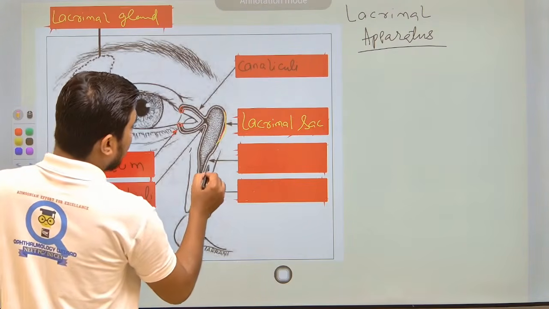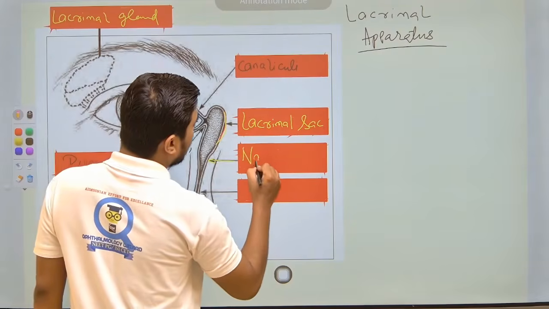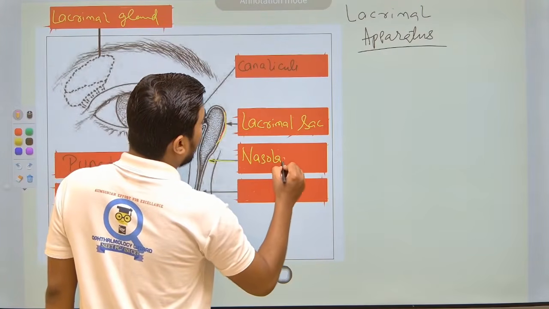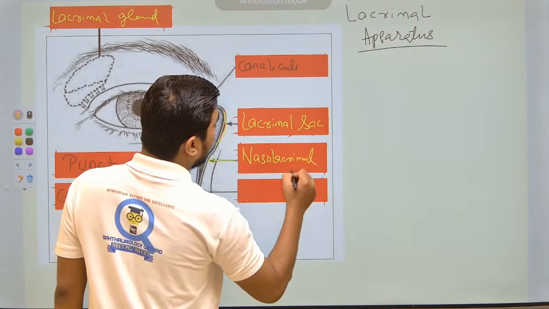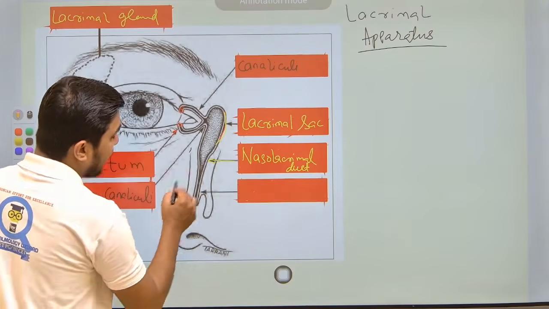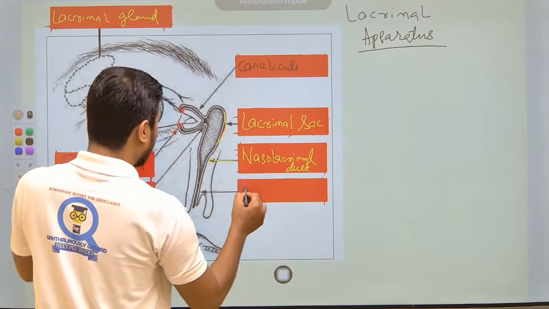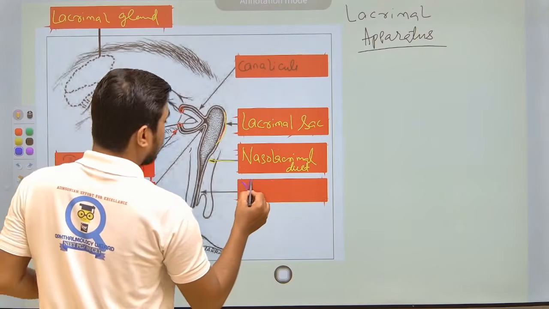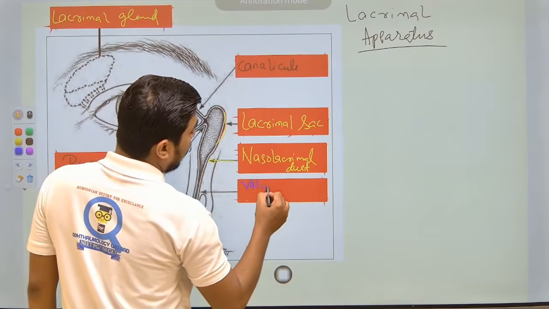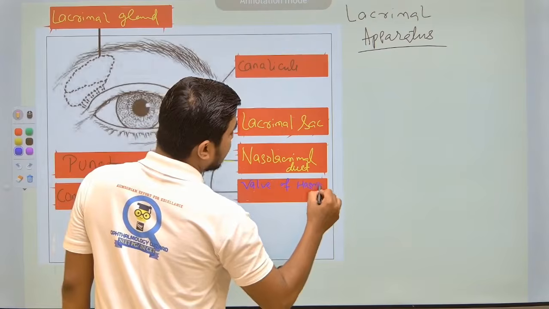What is this area? It is the nasolacrimal duct. And what is this area? This is called the valve of Hasner.